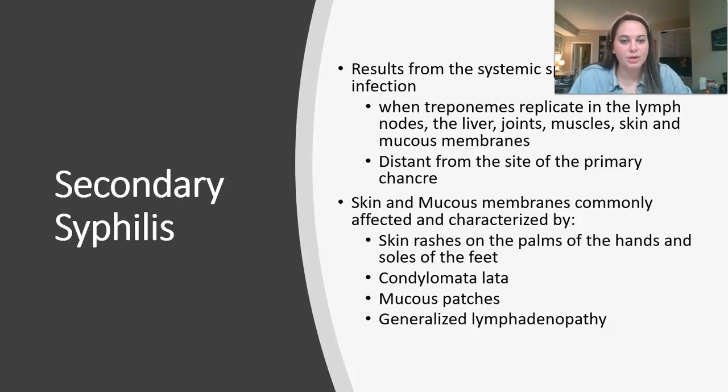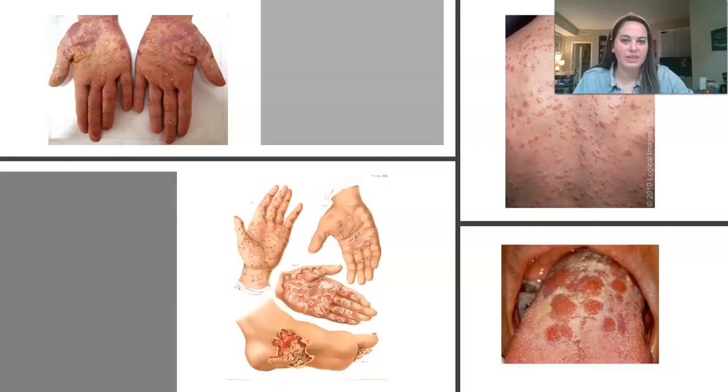Skin and mucous membranes are commonly affected and characterized by skin rashes on the palms of the hands and the soles of the feet, condylomata lata, which is a benign, painless, cutaneous manifestation, mucus patches, and generalized lymphadenopathy.